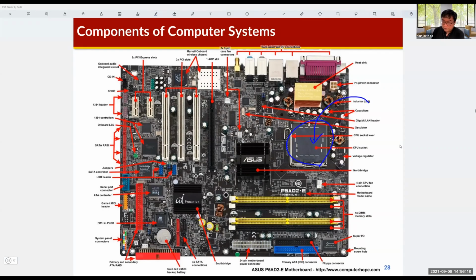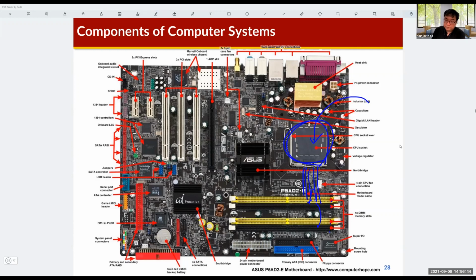And then these are the DIMM slots, so memory slots. So we can put the DRAM DIMMs into these slots. And then through the main board, the CPUs are connected to the DRAM. It's a memory, it's a main memory.